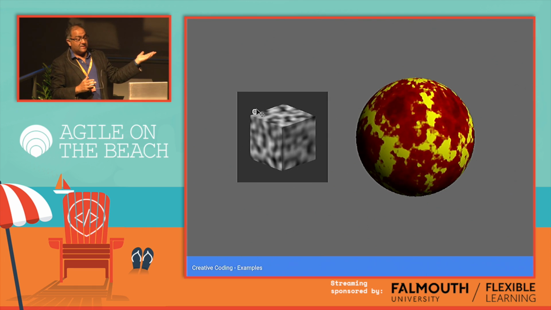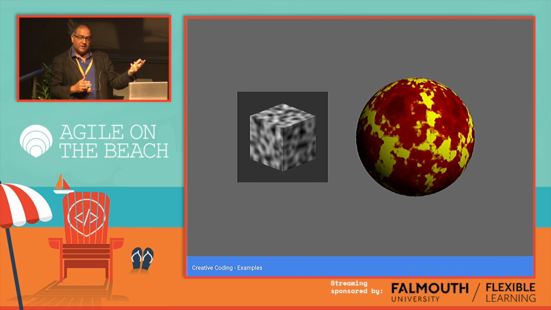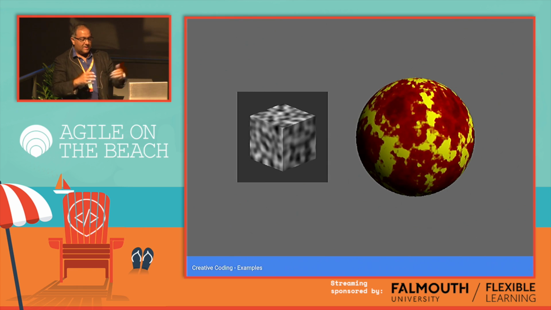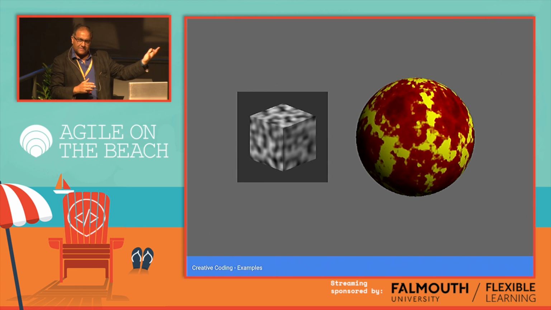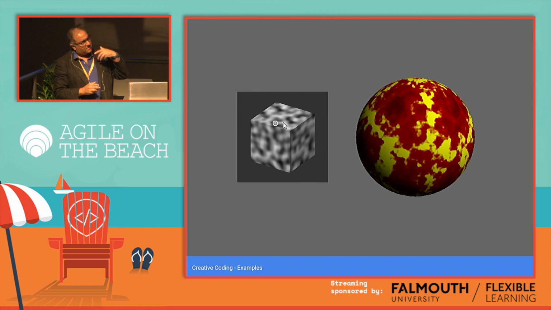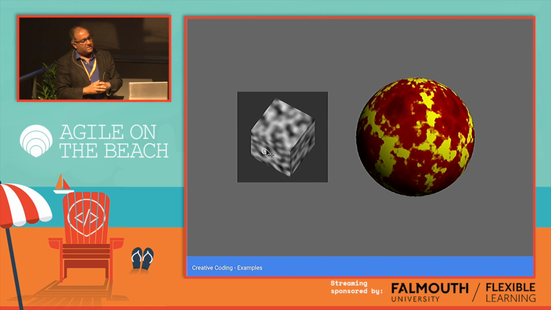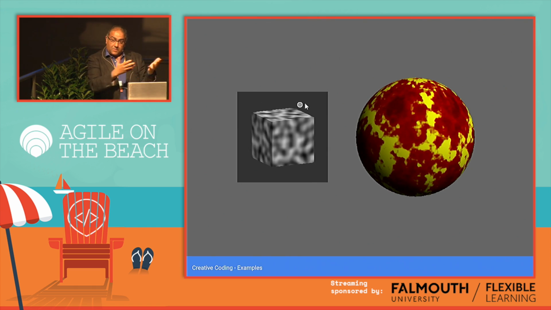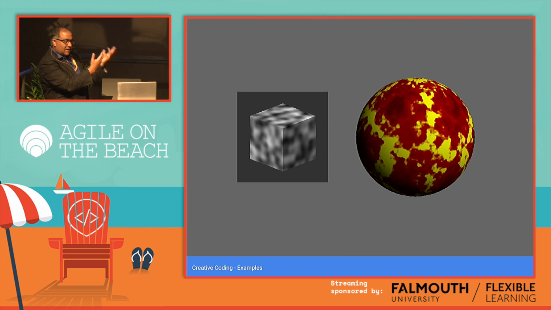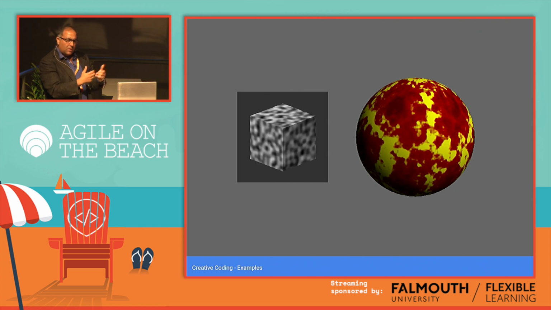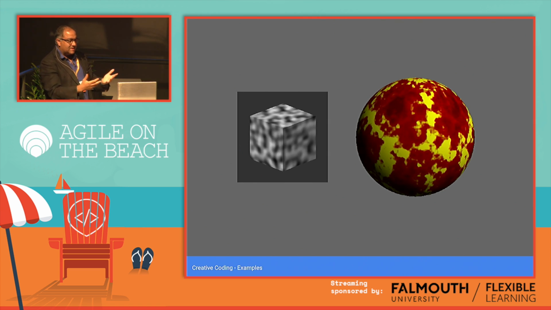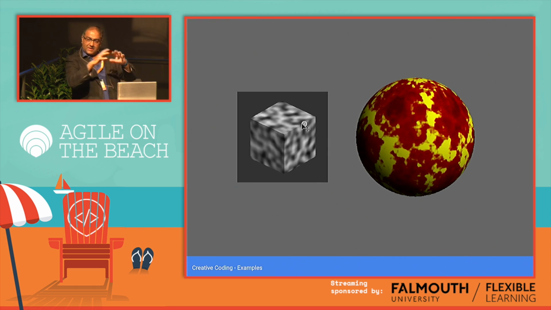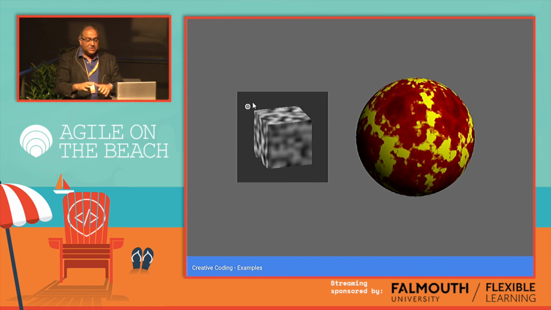In fact, the guy who invented it won an Academy Award for technical services to the film industry. I think some of the early films like Tron, and I think Toy Story might have used it as well. So when people play with this kind of noise, which is a little bit more well-behaved than pure random noise, you can have creative uses for it, like creating landscapes, creating surfaces of planets, creating textures.